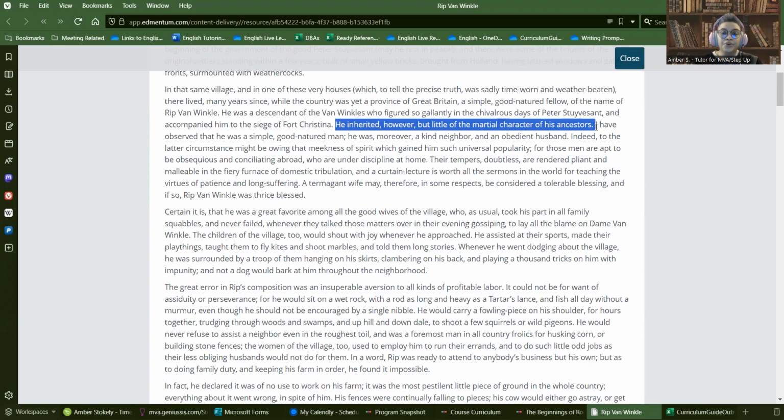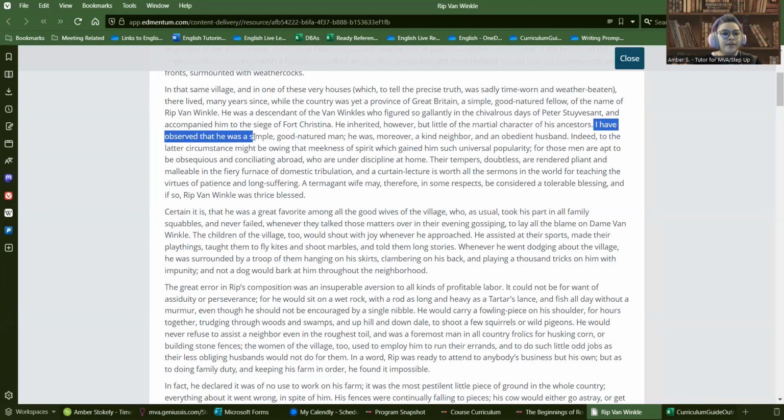It refers to the disciplined behavior of people in the military. So if you have martial character, it usually means you're trustworthy, you're brave, you're organized, because those are all the things that soldiers have to be. But it says he inherited little of that. So they're telling you he's not like that. He came from good people, but it didn't pass down to him, is pretty much what this is saying.